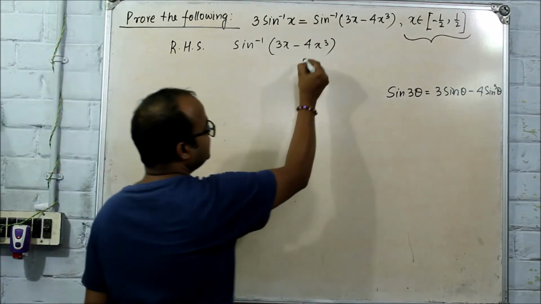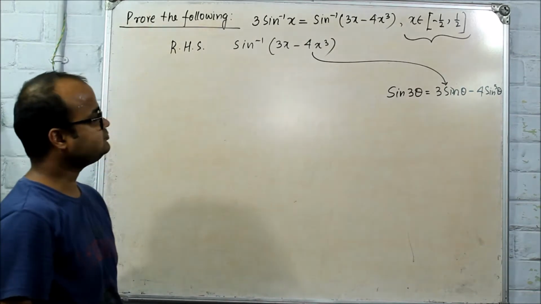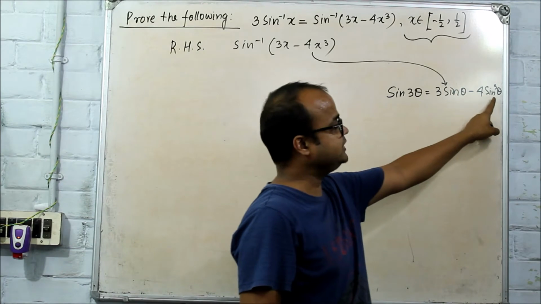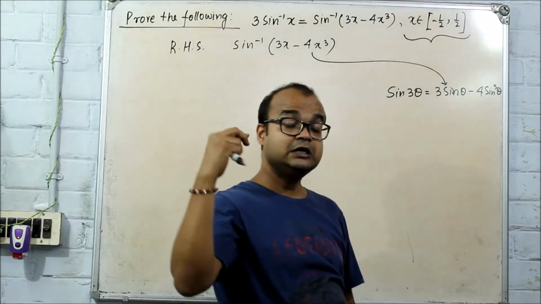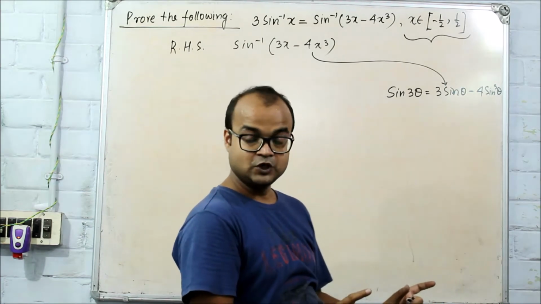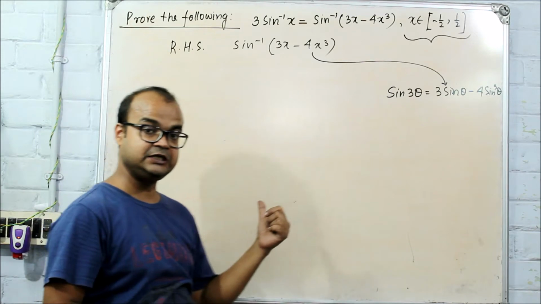Now look at the pattern: 3x minus 4x cube, 3 sin theta minus 4 sin cube theta. So you need to recall all those formulas we learned in class 11. That will help you to solve these inverse trigonometric functions.